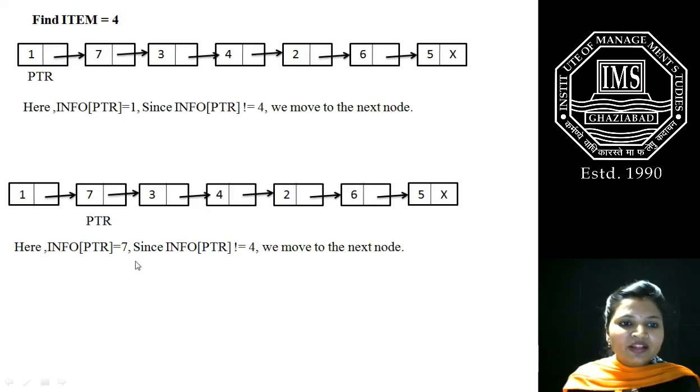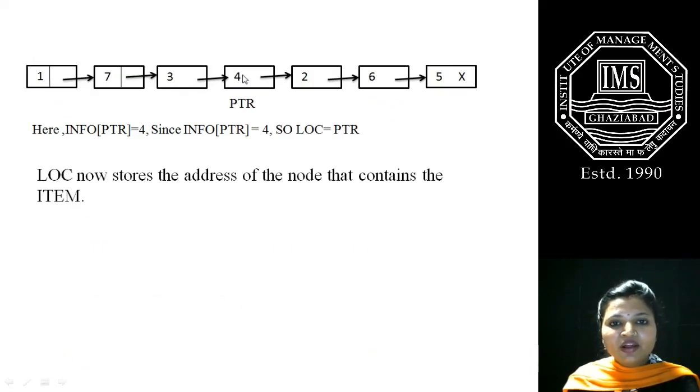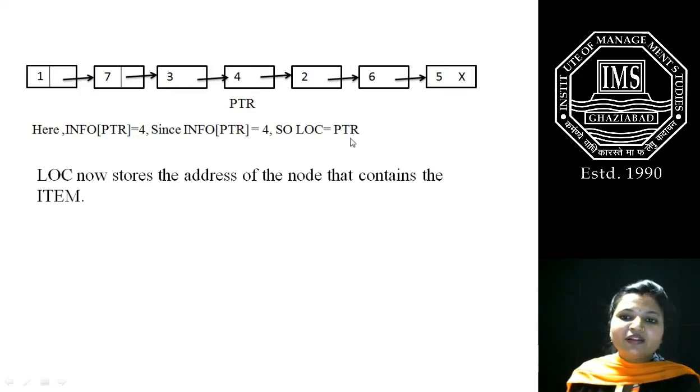The information here is 7, so this is also not equal to 4, so we will move to the next node. Again we see that the information here is 3, so again this is not true, we will move to the next node. Now PTR is pointing to 4, this is equal to the item, so we will set the location to the address of this item.